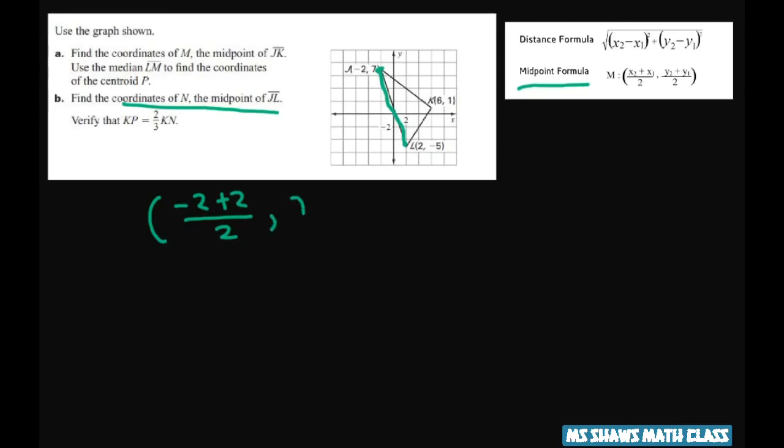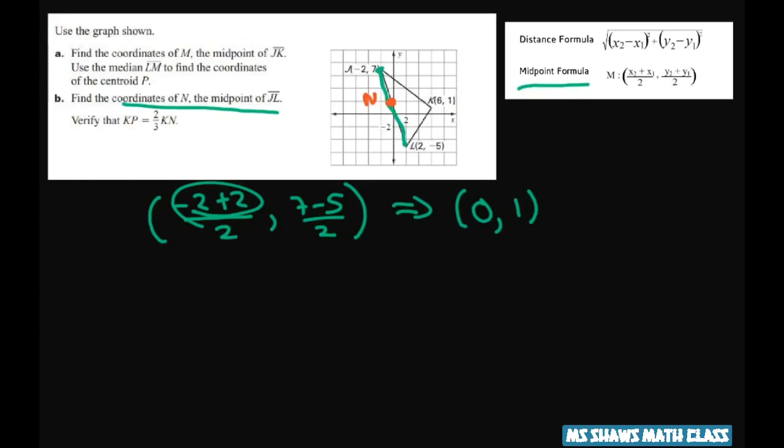So that's 7 minus 5 divided by 2. So when you do that, this is going to be 0, and this is going to be 1. So the midpoint of this is going to be right there. And we're calling that N, your midpoint.